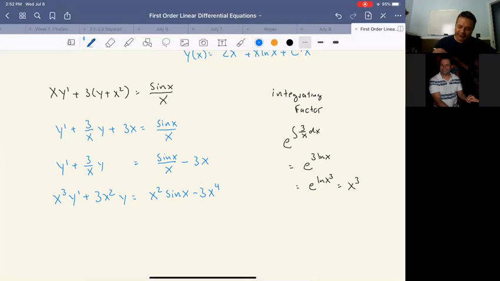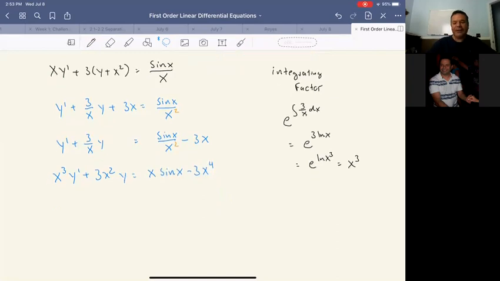I made a mistake. Let me fix it. So here I had y and I had divided by x, right? I had not divided this one by x. So let me put a squared here. So that becomes x sine x. I did not want to have to do 2 integration by parts. 1 is okay, but 2, that's just excessive for class.